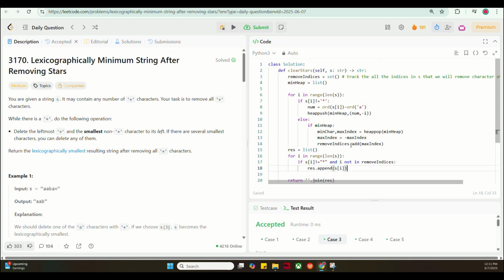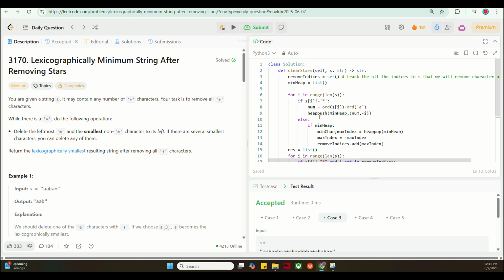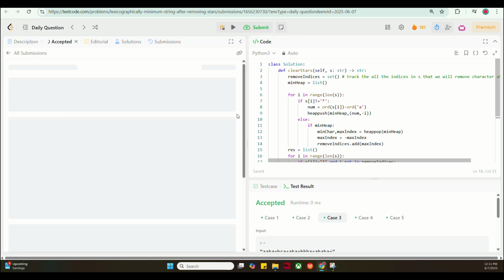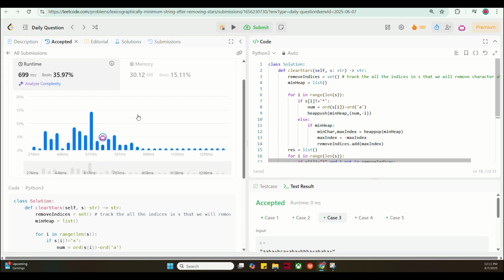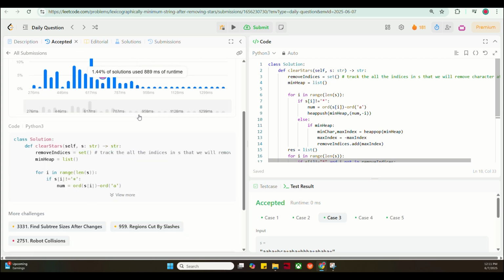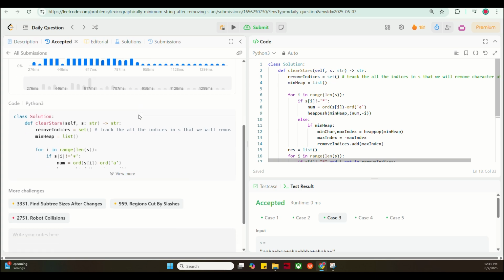Then we return the string. It's pretty simple and it works. We submit it, and it gets accepted.